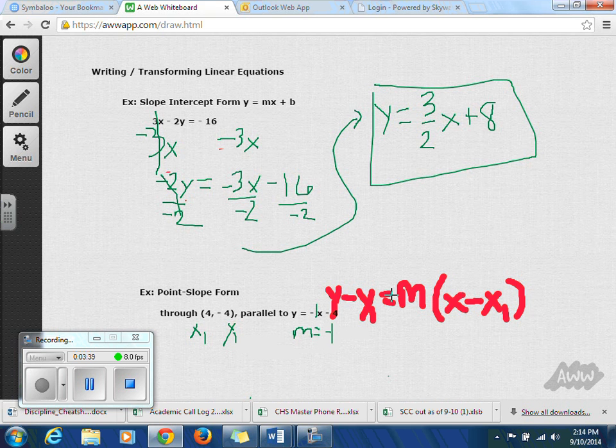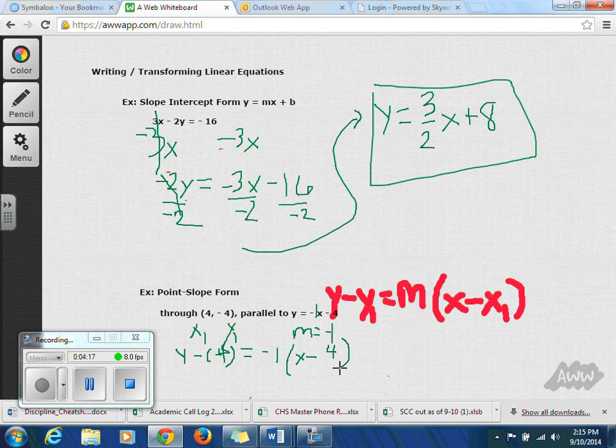So now that I know what m is, and I know what x1 and y1 are, I'm going to plug it in to my point-slope form. Y minus y1 is negative 4. Equals m is negative 1, parentheses, x, there's a minus in the formula, and x1 is 4.